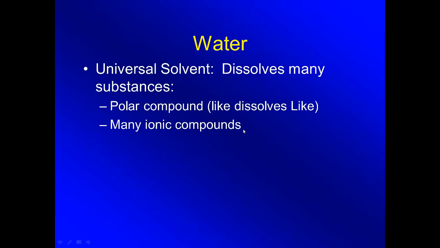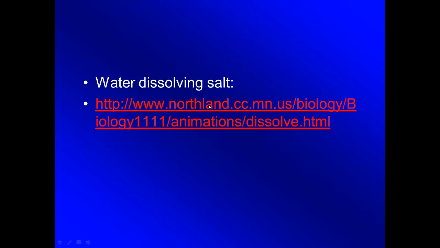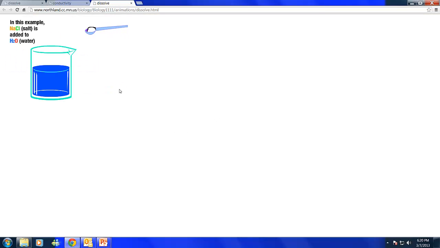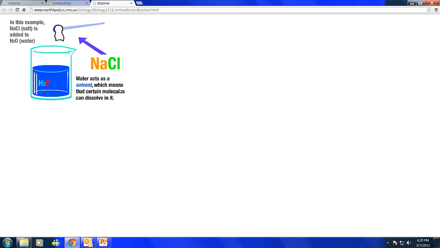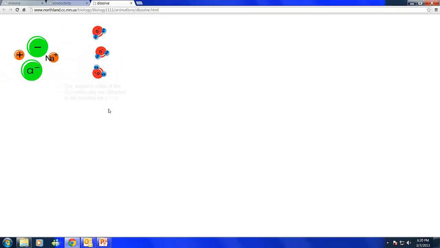It's called the universal solvent. So what happens when something is being dissolved? Let's look at this. Okay, so we're just adding some salt water to this. What happens is the water is acting as a solvent, which means that you're dissolving different things. So look what happened.